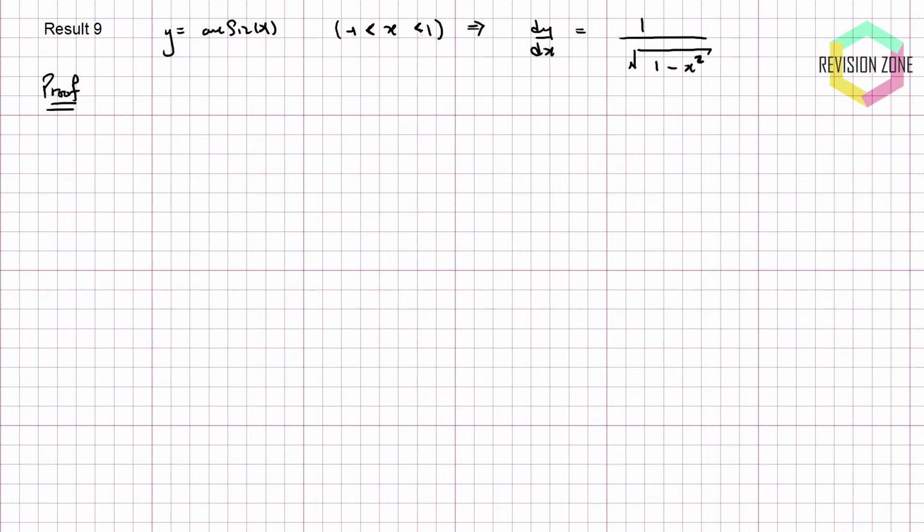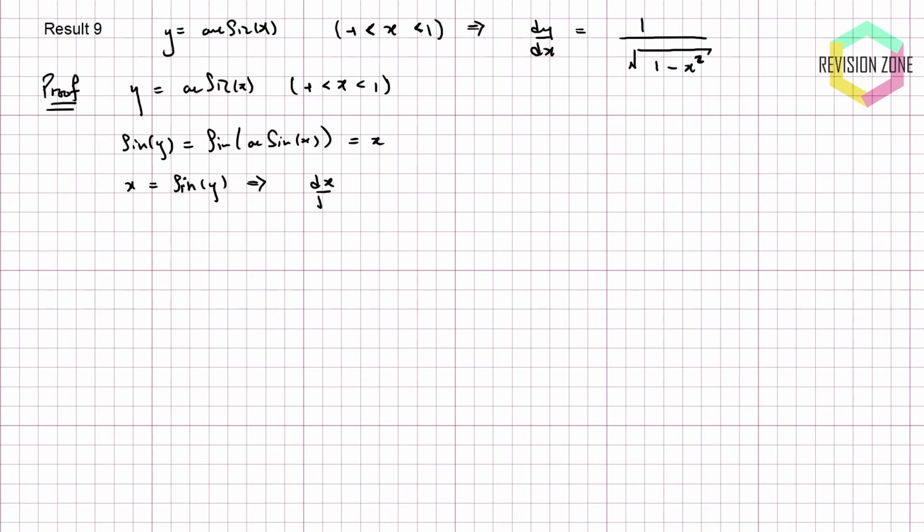We start with our function y equals arcsin x, and x has to be between minus 1 and 1. If I take the sine of both sides, since arcsin and sine are inverse functions, they cancel and I just end up with x. So x equals sine y. Knowing x as a function of y, I can differentiate to say dx by dy equals cos y.